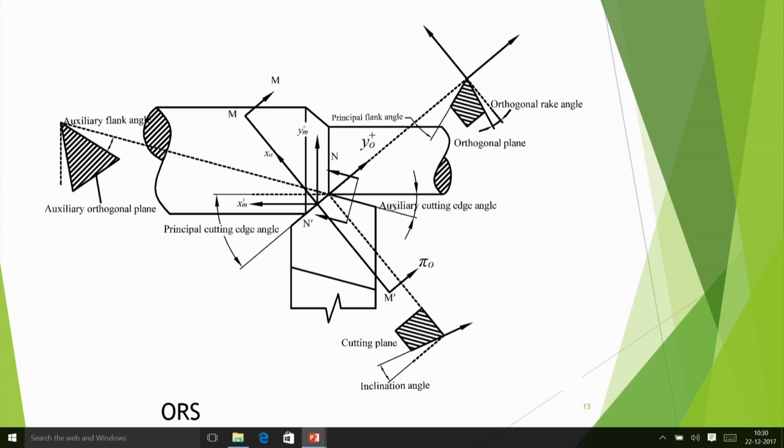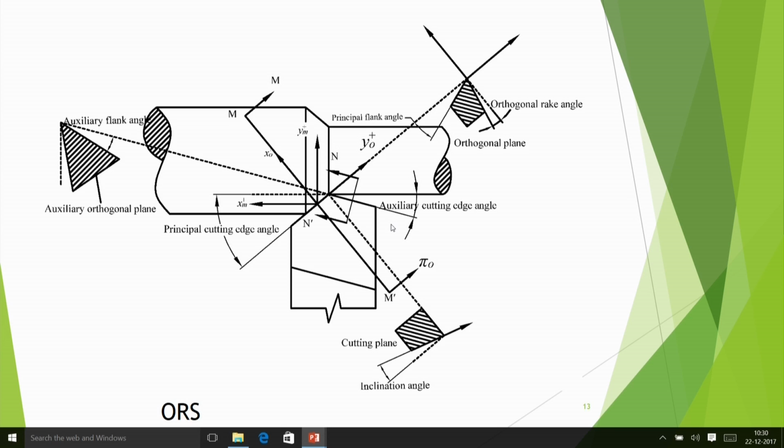So auxiliary cutting edge angle is the angle between the feed direction and this edge on the top view. So you are having auxiliary cutting edge angle, and principal cutting edge angle is what? It is the angle between the feed direction and this cutting edge. So that is why it is principal cutting edge. And now, in the top view, you have seen these two angles.